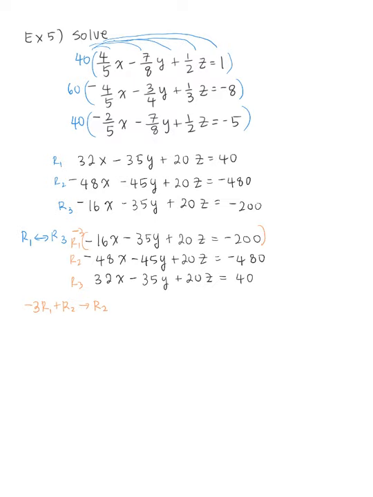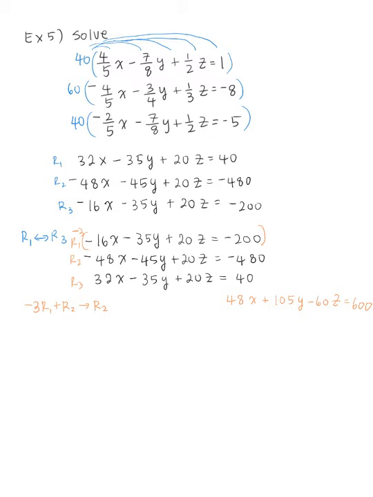So if I rewrite that, what are we going to get here? We're going to get 48x and then plus negative 3 times negative 35, that's 105y, and then minus 60z equals 600. Oh man.